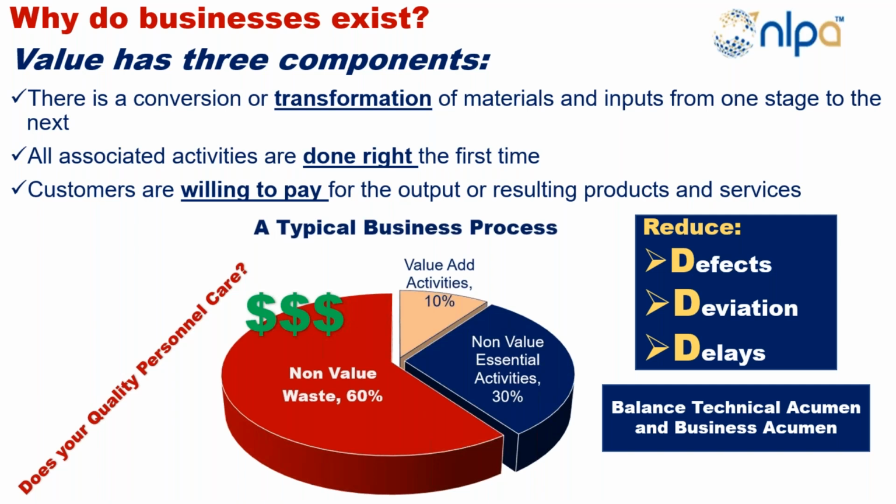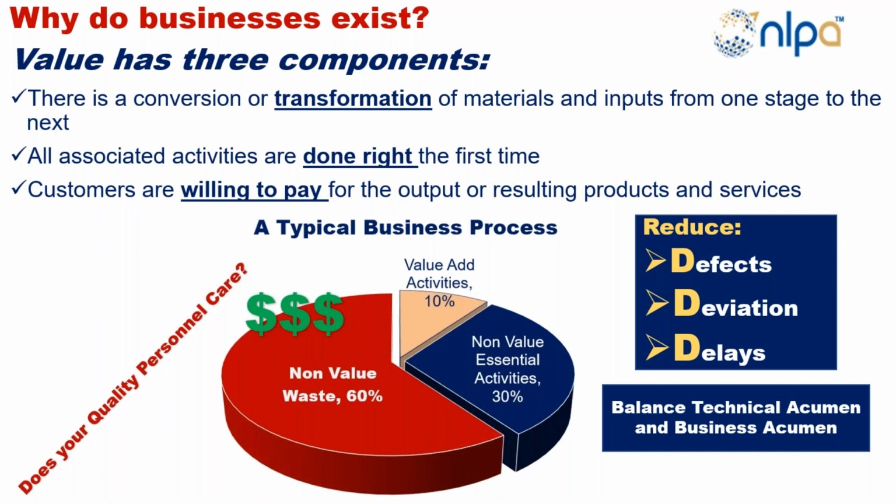On average, the average company on this planet operates at no more than 10% value add, meaning that on average, no more than 10% of the activities in their supply chains.